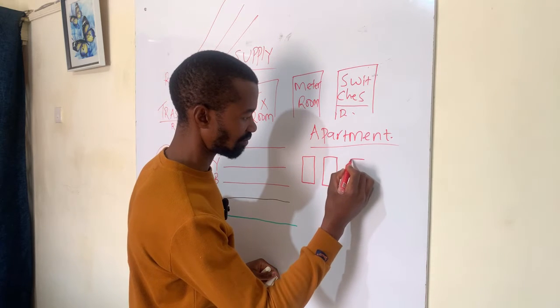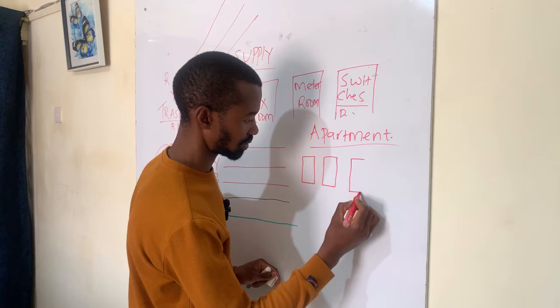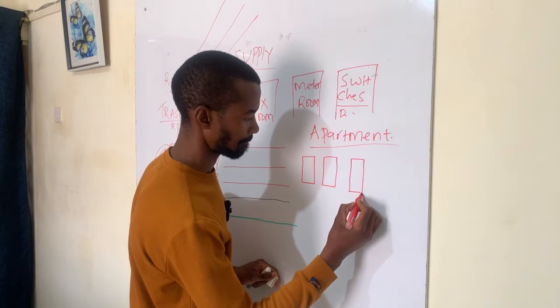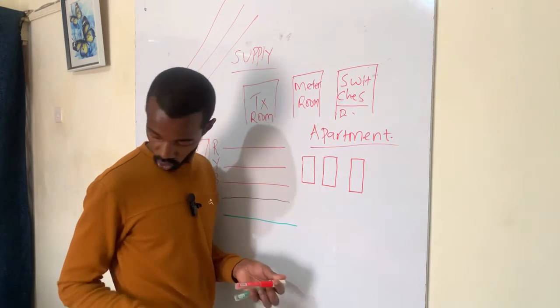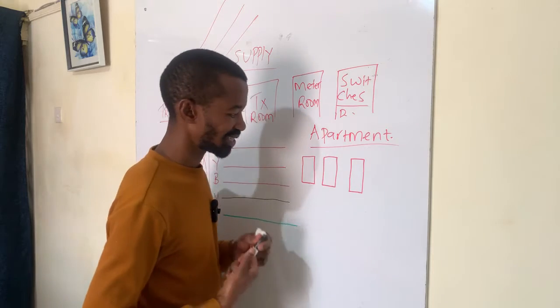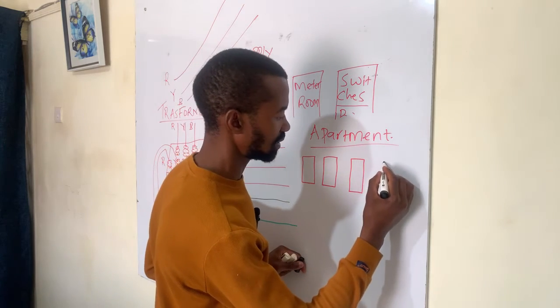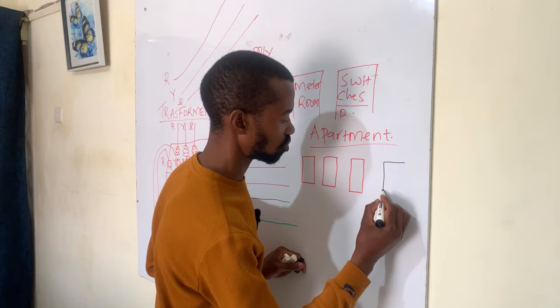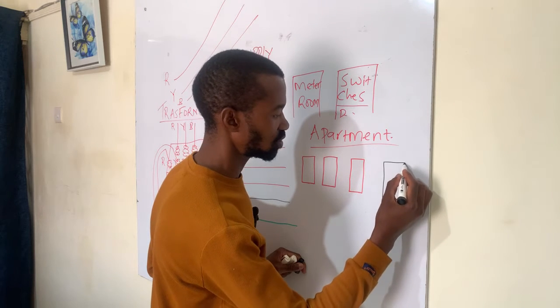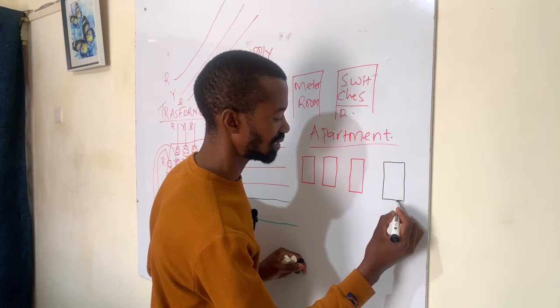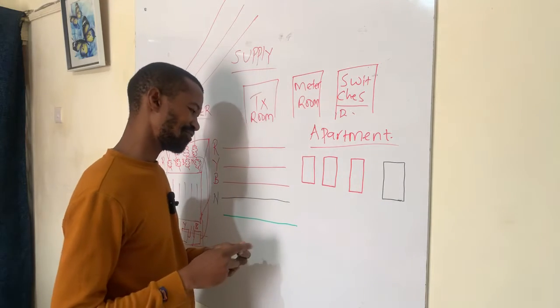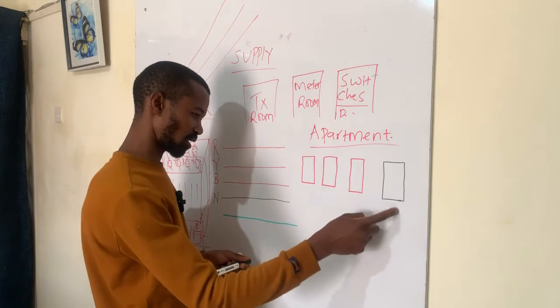So we will have three cutouts here, and then we will also have another cutout specially dedicated for the neutral connection. Now we'll get to understand that this cutout here is very, very important.